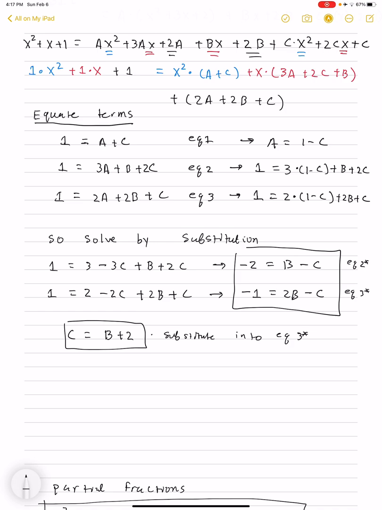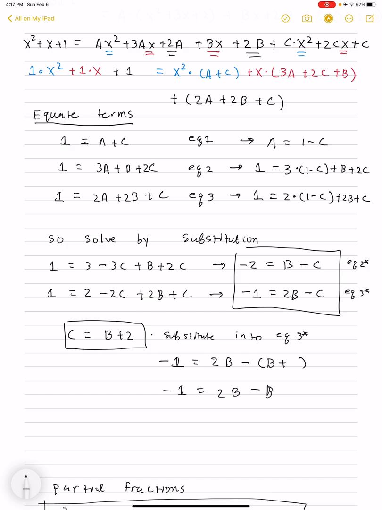So let's do that now. That gives us minus 1 is equal to 2b minus c, and c is b plus 2. So that says minus 1 is equal to 2b minus b, and instead of having a c above, that should have been b plus 2.